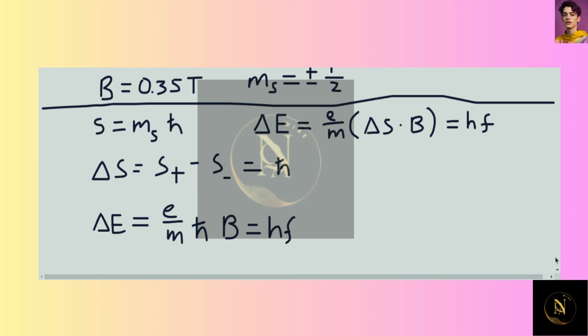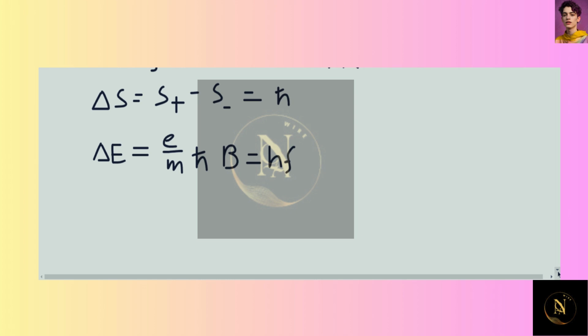Again, h bar is Planck's constant divided by 2 pi. So we can solve for the frequency, and we find that the frequency f is going to be equal to, I'm going to replace h bar with Planck's constant divided by 2 pi. So the Planck's constants are going to cancel, and you're going to end up with e divided by 2 pi m times the magnetic field B is equal to the frequency.